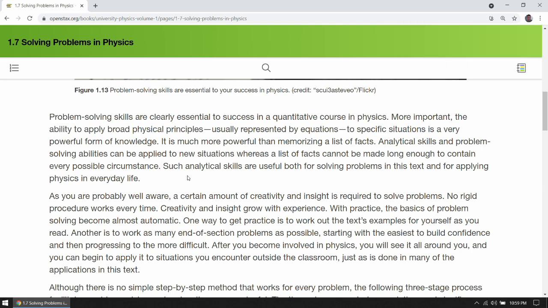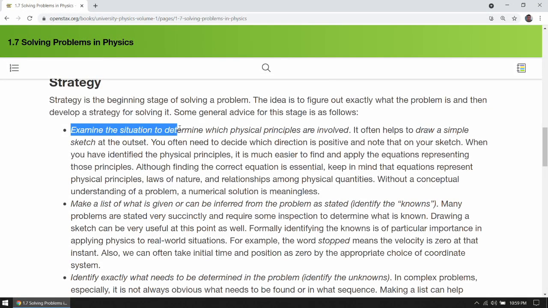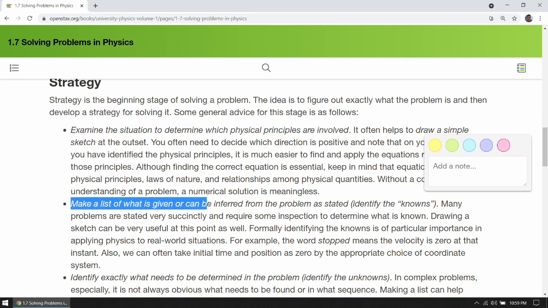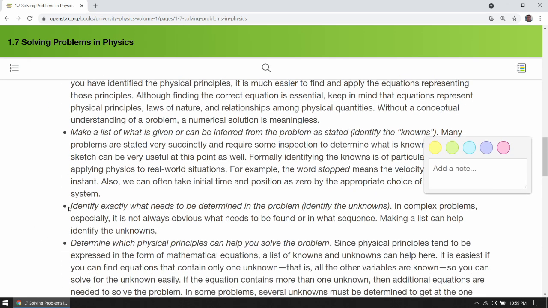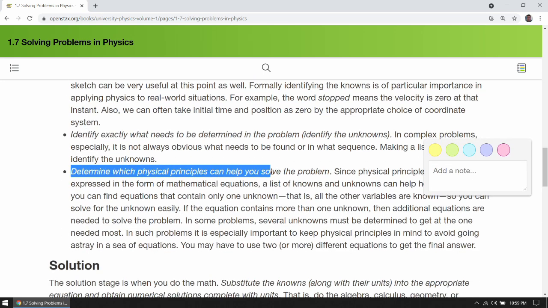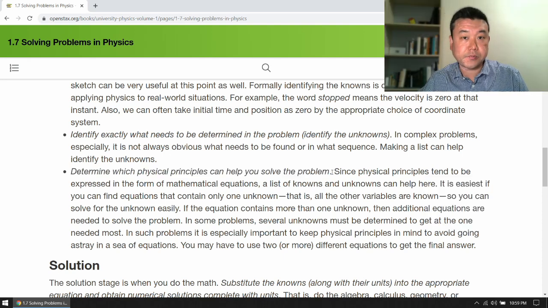This section gives you some general steps. Examine the situation to determine which principles are involved and make a list of givens, identify what needs to be determined, and determine which physical principles can help you solve the problem. For some situations, for example force analysis, we will be giving you very specific steps to follow in order to apply Newton's laws to a particular dynamics problem that you're trying to solve.